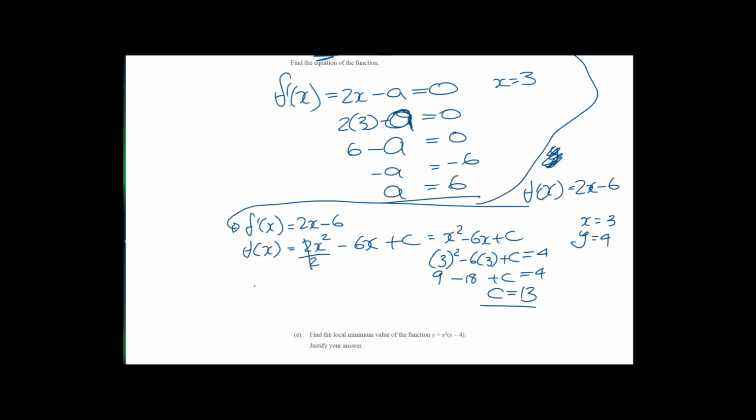So our full function is f of x equals x squared minus 6x plus 13, and we're done.